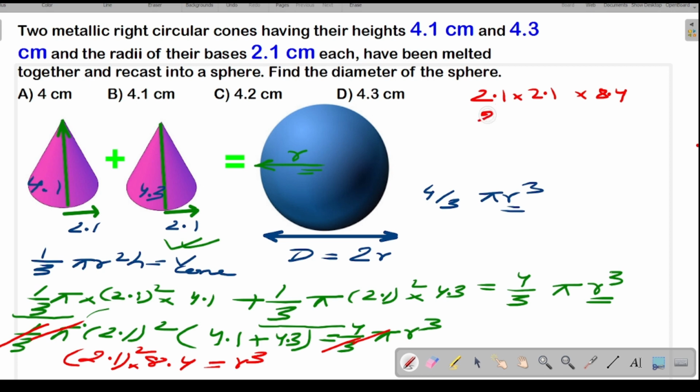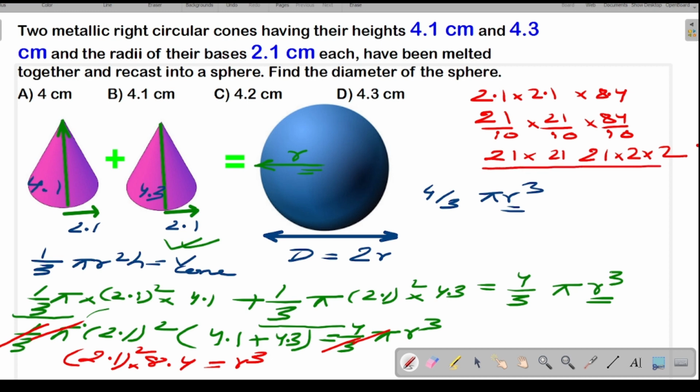This can be written as 21 by 10, 21 by 10, 84 by 10, and 84 can be written as 21 into 4, right? So 21 into 21 multiplied, and in the denominator we have 10 into 10 into 10.